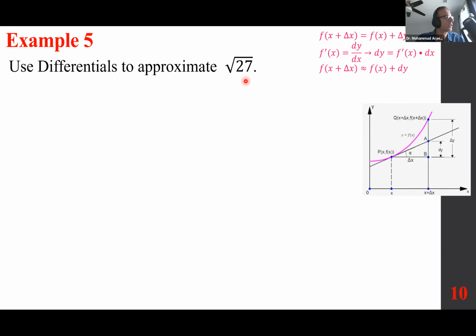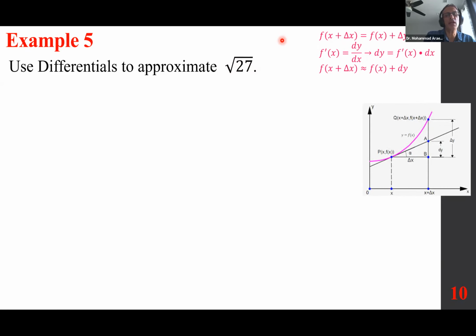What would that function be? Y equals f of x equals what? Anybody? Look at the action you're taking. Let's read it. Square root of 27. So square root of something. F of x is square root of x.